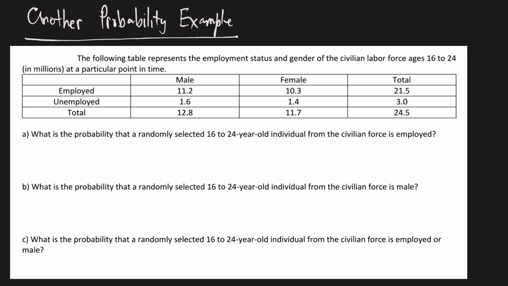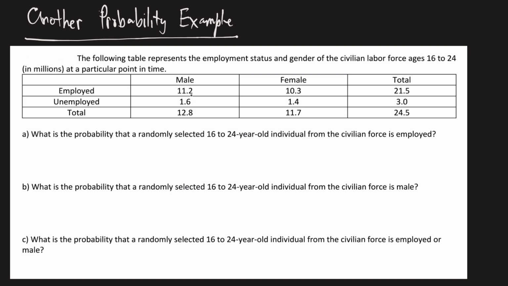you have, let's say, people or some object, let's make it really general, some object that is classified in two ways. And in this table, the classification is based on employment and gender, right?